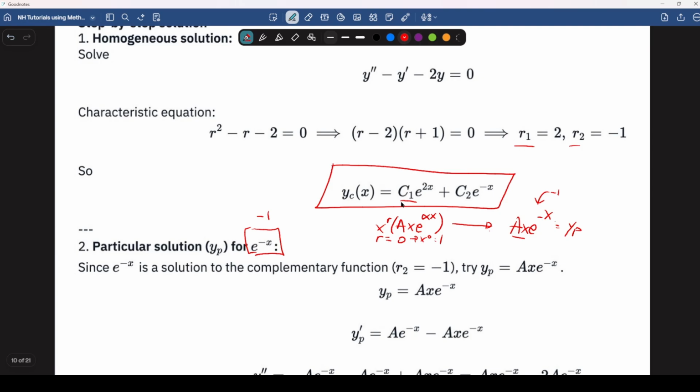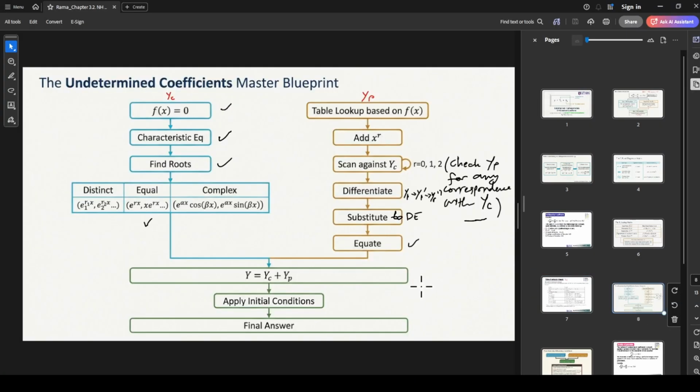There are no corresponding terms between yp and yc, so we can proceed with this yp, a x times e to the power of negative x. That confirms our yp, and the next step is to differentiate.